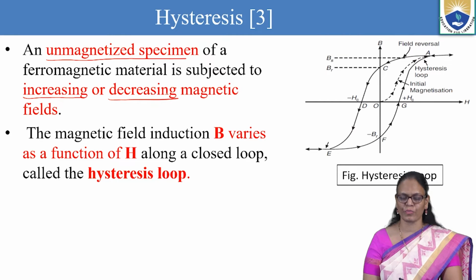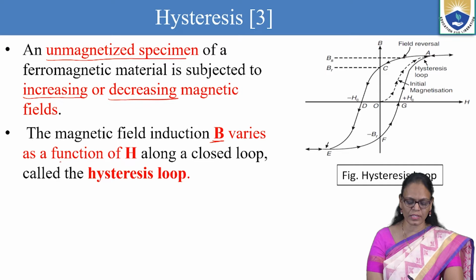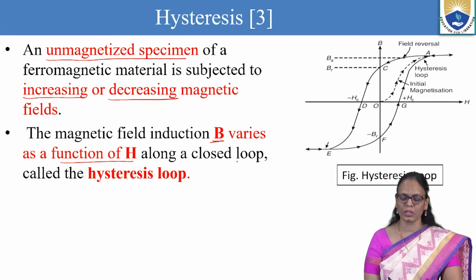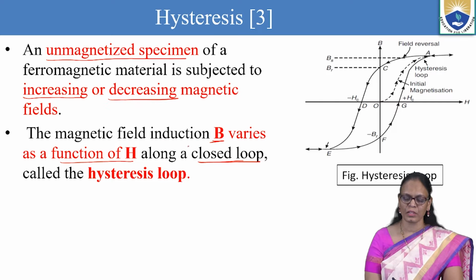The magnetic induction B varies as a function of H along a closed loop. Tracing the variation in magnetic induction with the variation in magnetic field intensity, we get a closed loop, and that loop we call the hysteresis loop.